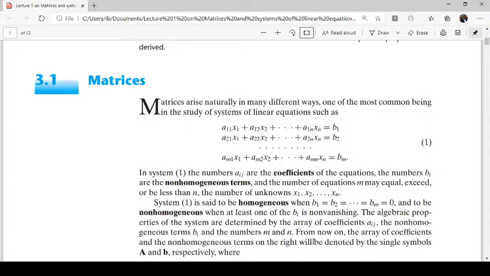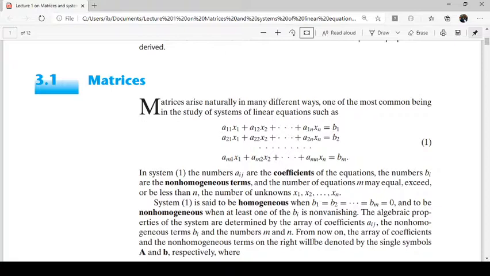In today's lecture, we want to look at matrices and systems of linear equations. Matrices arise in many ways. In mathematics, engineering and the physical sciences, most of our problems we try to model mathematically, sometimes even as differential equations.